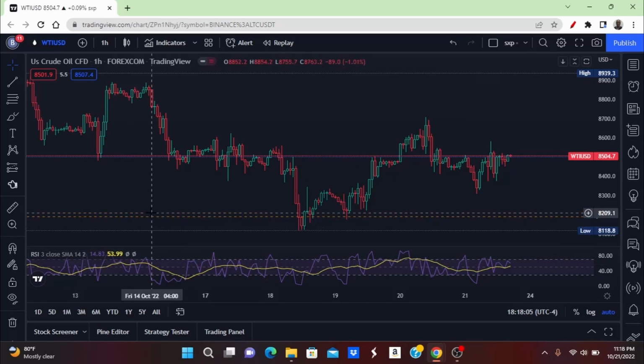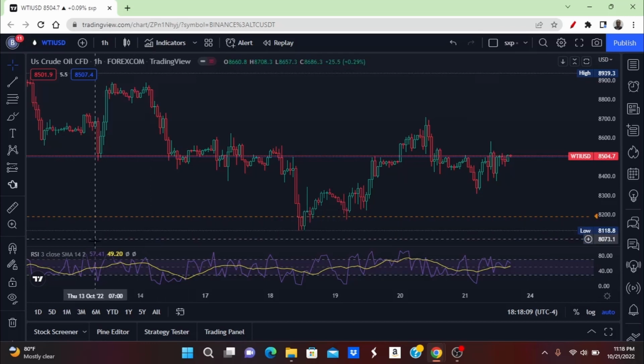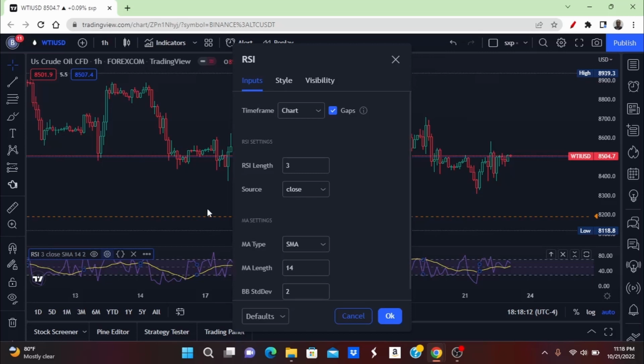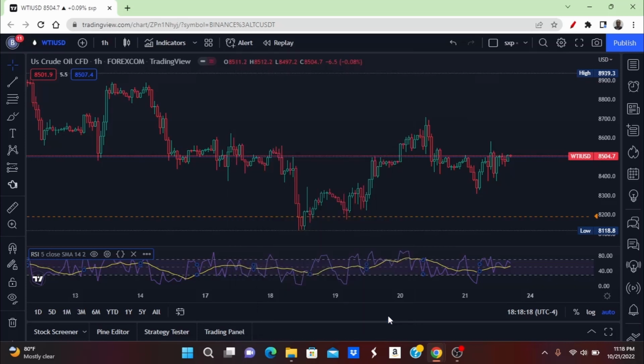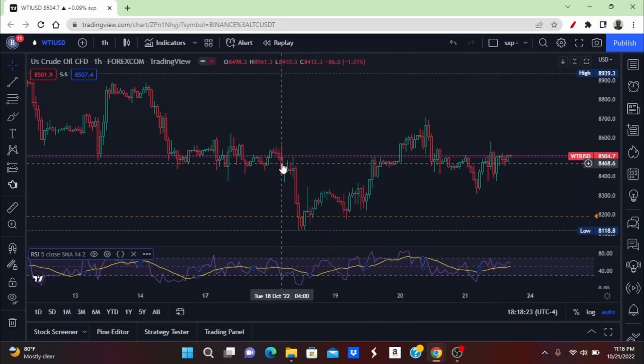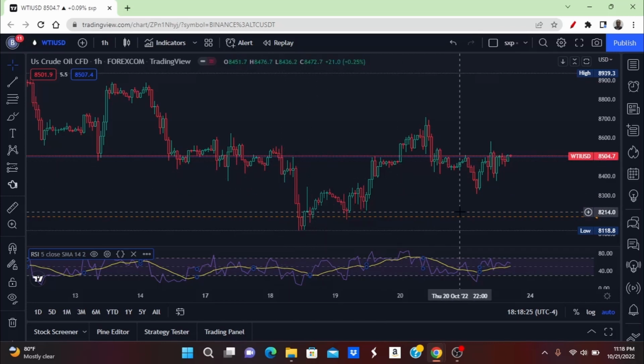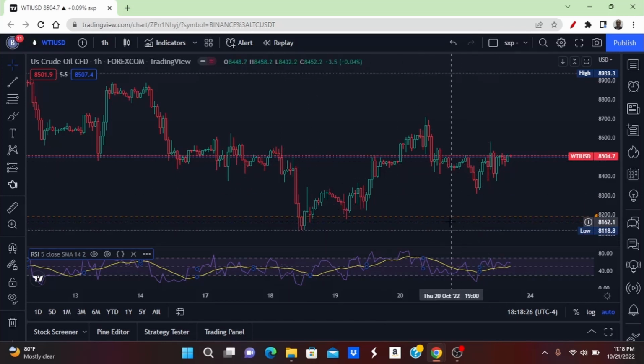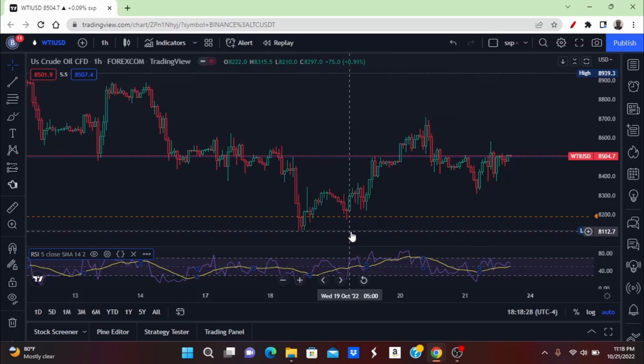When we were looking at the daily time frame, we changed the RSI to 3-period RSI. Then when we come to the 1 hour time frame, we change the RSI to the 5-period RSI, and say, okay. Now, once we change it to the 5-period RSI, we want to sell than to buy.